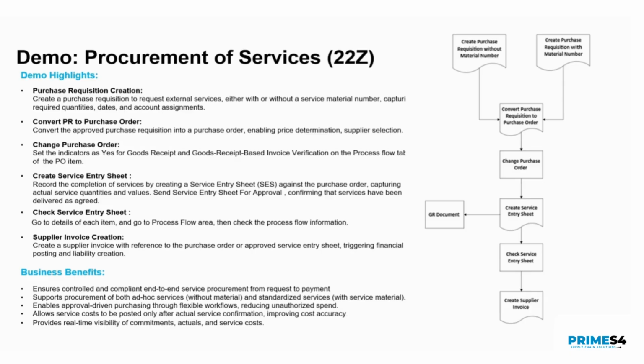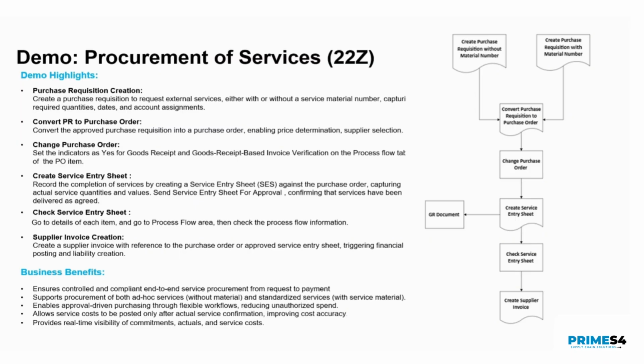Scope Item 2Z supports both standard service items and limit items, and it can be executed using different optional process variants depending on specific business requirements. In today's demo, we will focus on standard procurement of services, including procurement of services without a material number and procurement of services with a service material number.